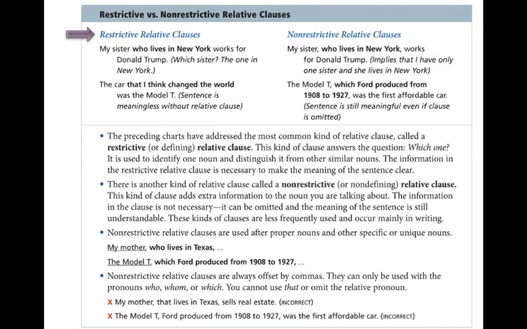Now compare that with non-restrictive relative clauses. My sister, who lives in New York, works for Donald Trump. This kind of sentence, which differs in punctuation as well as intonation when we speak it, implies that I have only one sister.